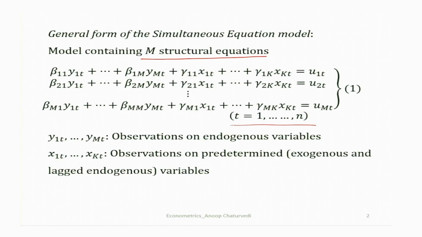If you look at all the equations, you cannot distinguish between different equations unless some of the coefficients are equal to 0. So, we require certain conditions on betas and gammas to make these equations identifiable.